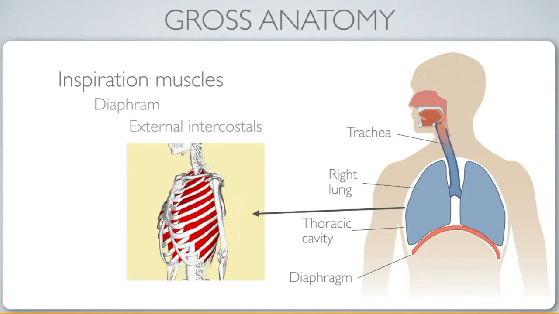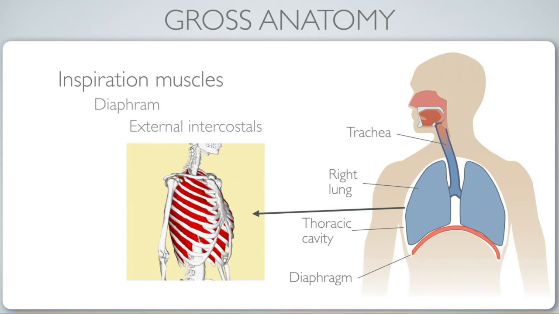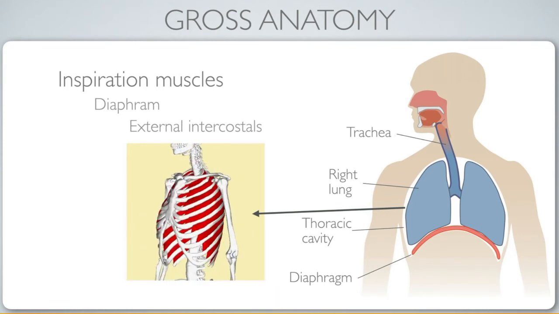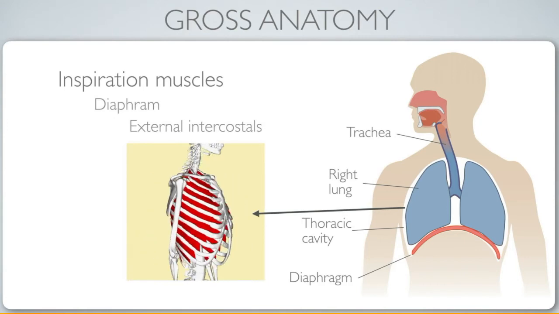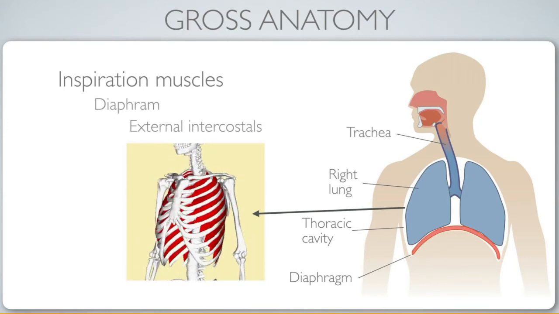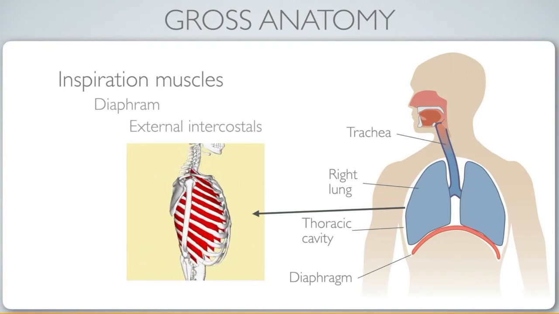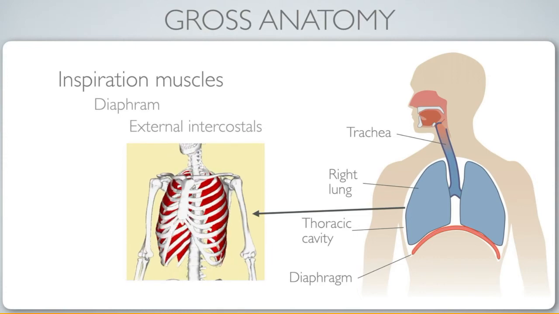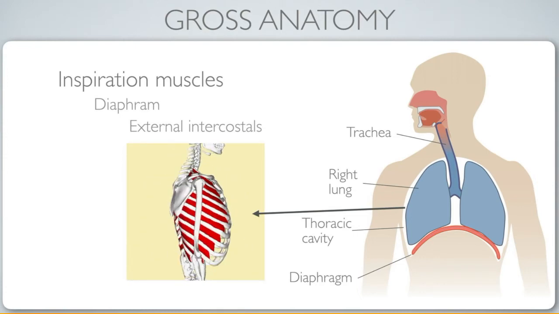Okay, so the rib cage wraps around the thoracic cavity, and anything that serves to expand its volume, or the volume contained inside of the ribs, is going to expand the volume of the thoracic cavity. And inspiration is driven by an expansion in the volume of the thoracic cavity.